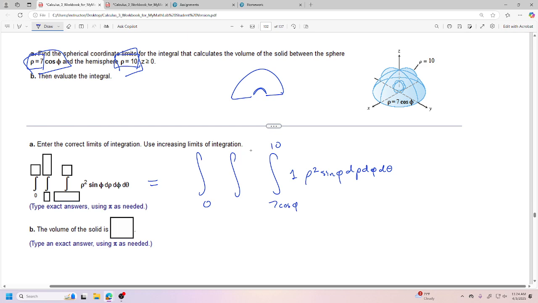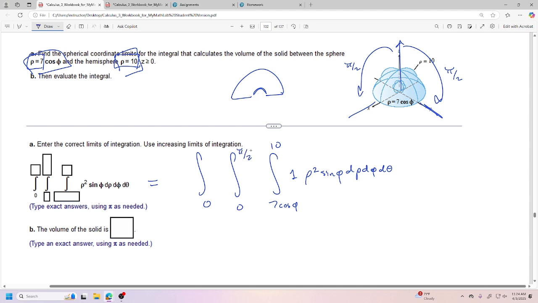As far as what phi is concerned, note that we're going from positive z downwards. But how much angle did we go down? How much is this right here? Pi over 2. Exactly. So we're going down 0 to pi over 2.